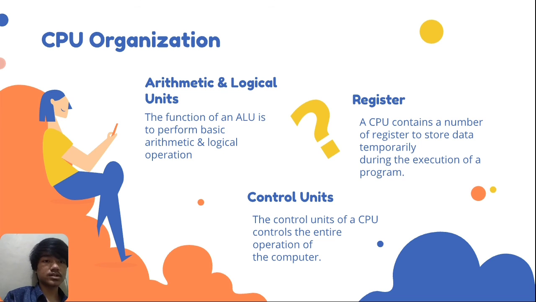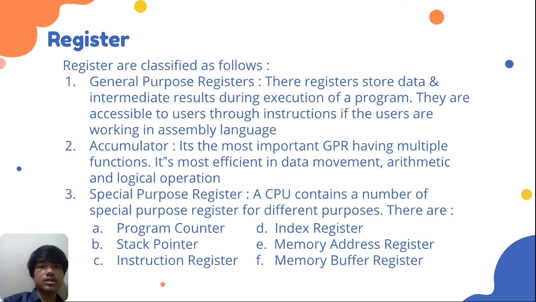And registers. A CPU contains a number of registers to store data temporarily during the execution of a program. The number of registers differs from processor to processor. Registers are classified as follows. First, general purpose registers. These registers store data and intermediate results during execution of a program.